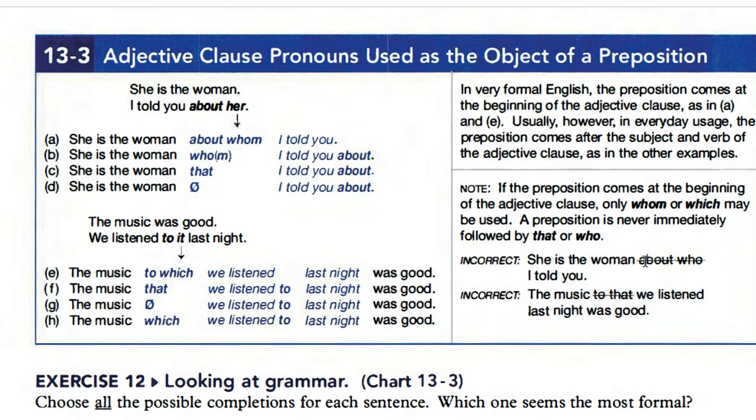The problem here is we start with the pronoun, so we couldn't put the preposition before who. She is the woman who I told you about. So you left about for the end. Or there's no need even to add about and who: she is the woman I told you. That's very easy and very common. The music we listened to last night was good, or the music to which we listen, like here.